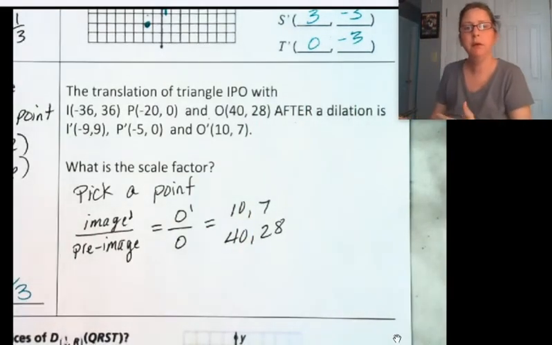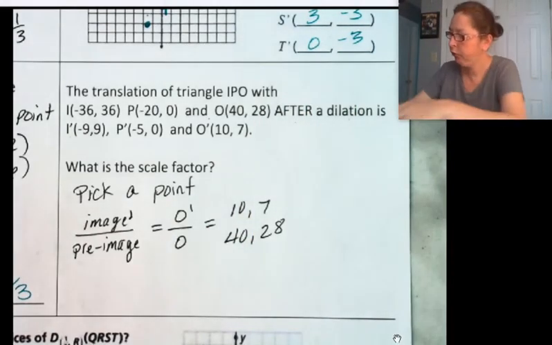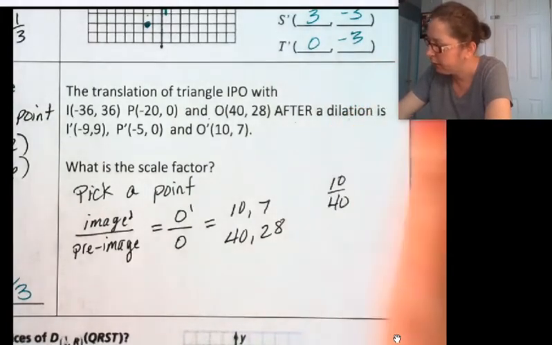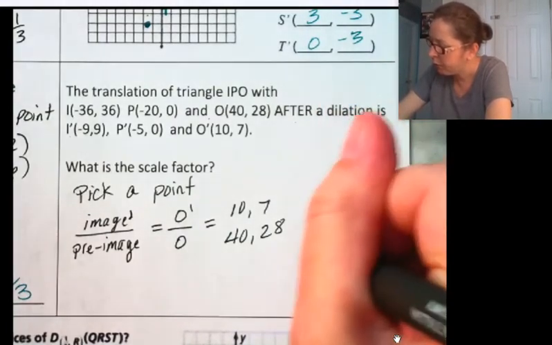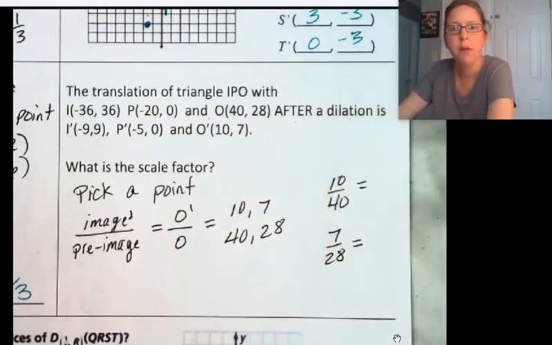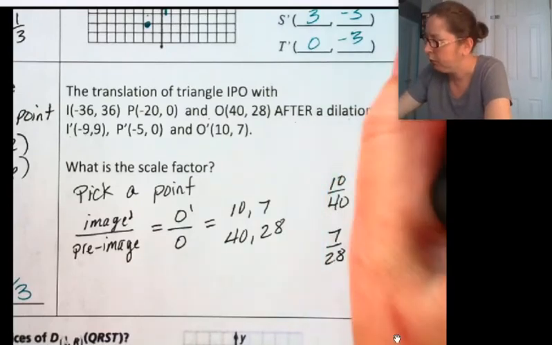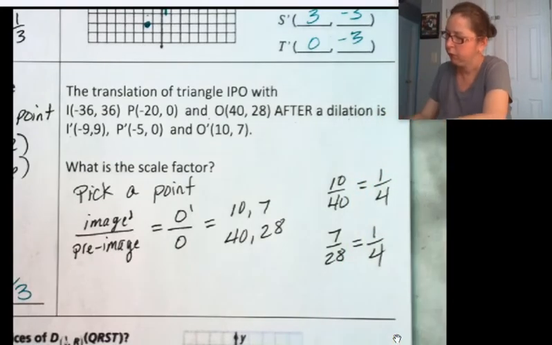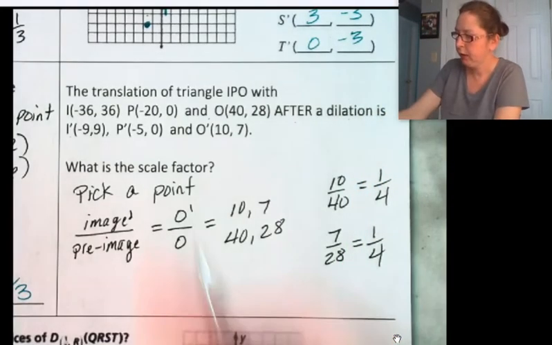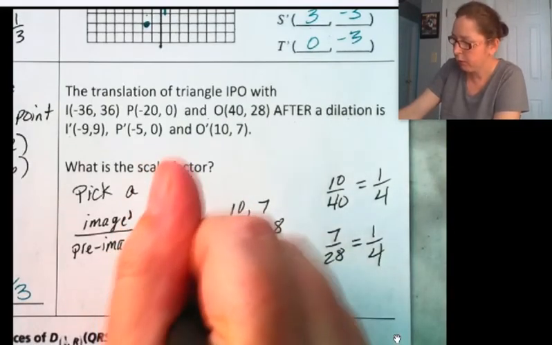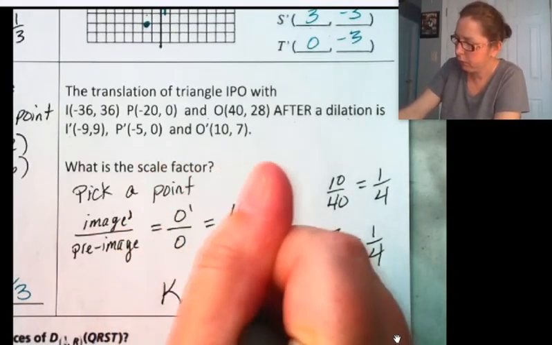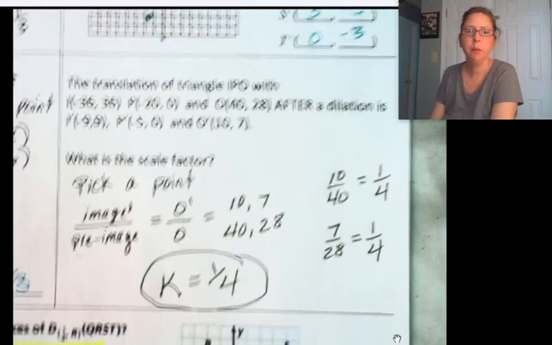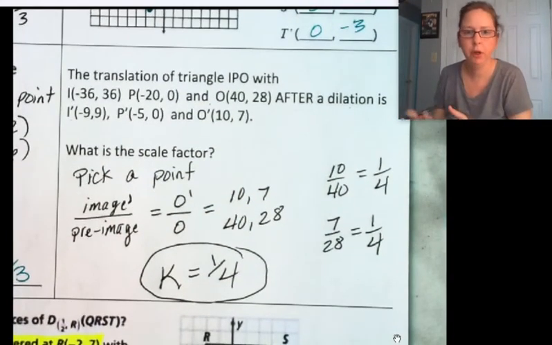So either set of these numbers that you choose to look at, 10 over 40 or 7 over 28, they both reduce to 1 over 4. So my scale factor is 1 over 4. So you just need to remember how to set up your ratio.